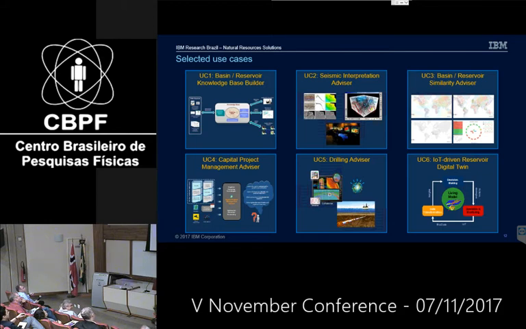In fact, I have to thank Professor Marabel because one of her former students, Joel, is working with us now, and he was working exactly on this part, the Bayesian reservoir knowledge builder. Thanks, Professor. It's really great to work with Joel. He's an amazing guy. Then I will focus on these 2 here: seismic interpretation and Bayesian reservoir similarity analysis.